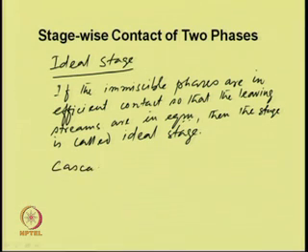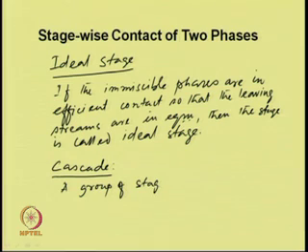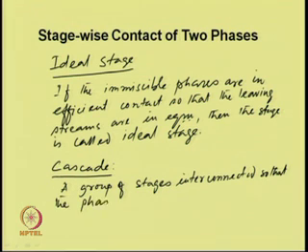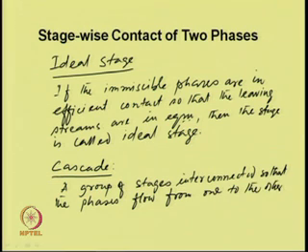So, a cascade is a group of interconnected stages so that the phases flow from one to the other.